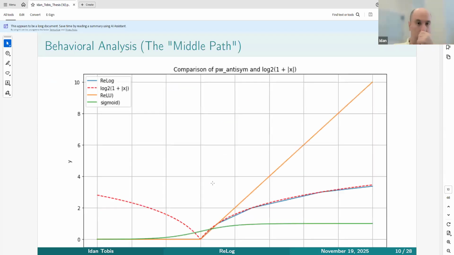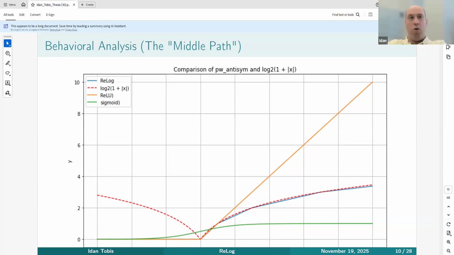Let's compare, and I think this answers your previous question, Gadi. If we compare our function ReLog with ReLU, the orange graph, and sigmoid, the green graph, what we're seeing is that when we go to infinity, sigmoid goes to 1 and the gradients are vanishing. The gradients become 0, which further requires normalization, which in itself is a problem. I won't go into that now.